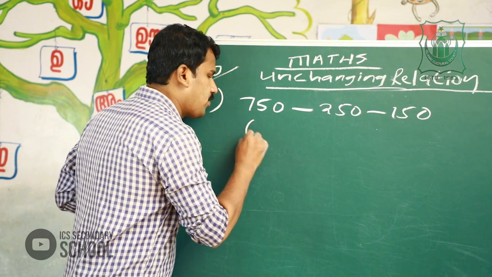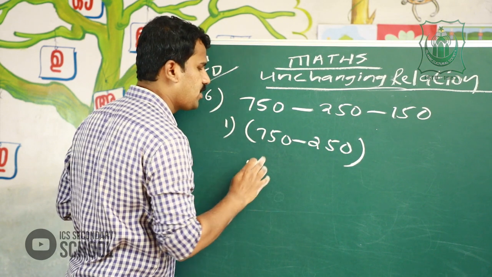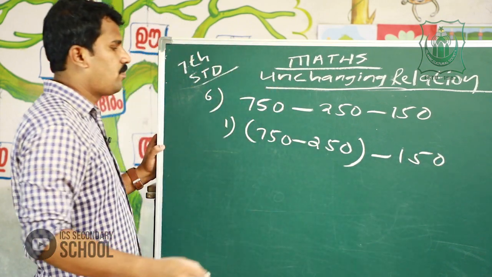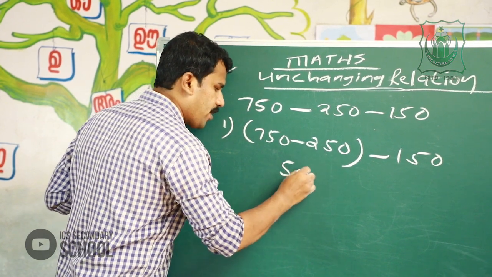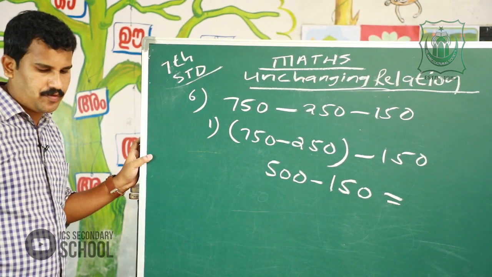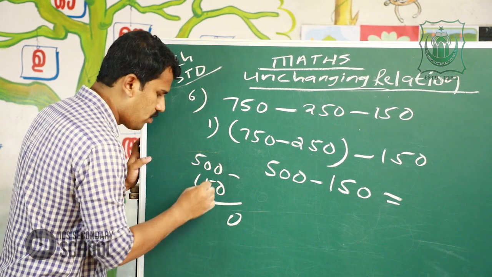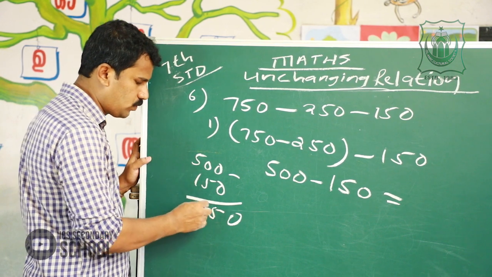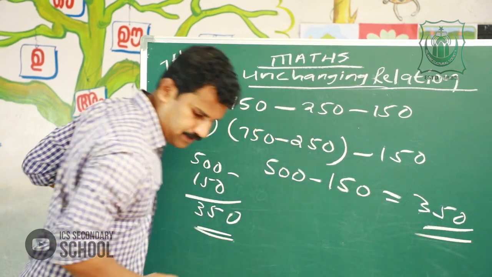First method: 715 minus 215, that is 750 minus 250, then minus 150. 750 minus 250 is equal to 500. 500 minus 150, answer, tell me. 350. So the answer is 350.